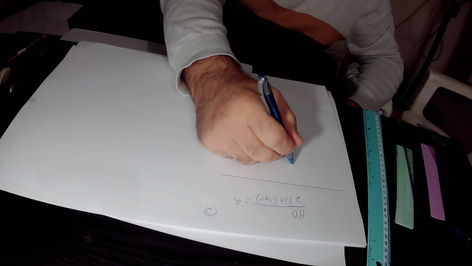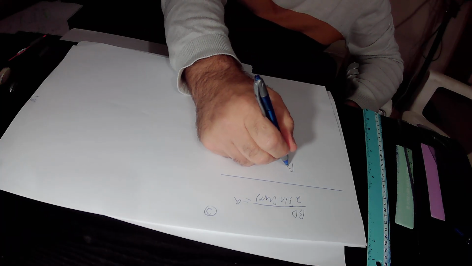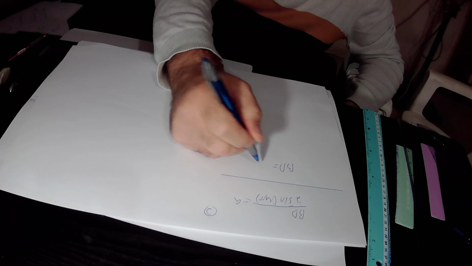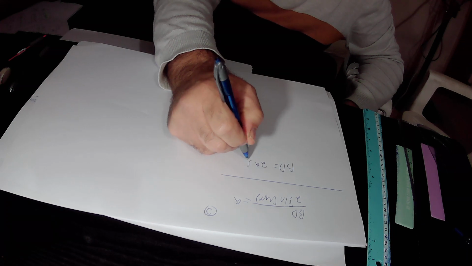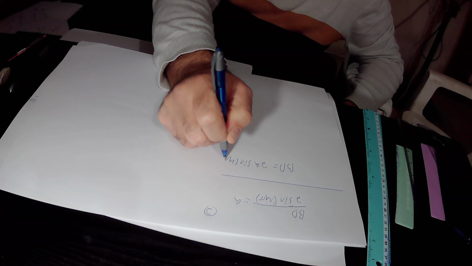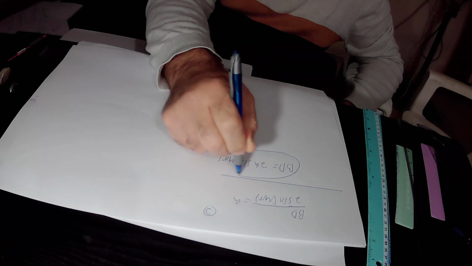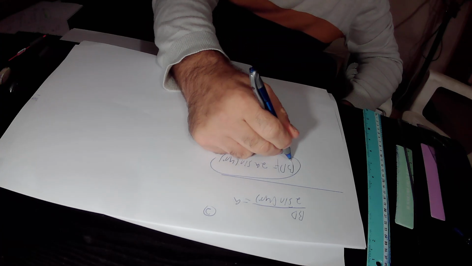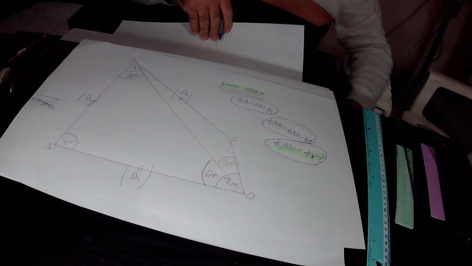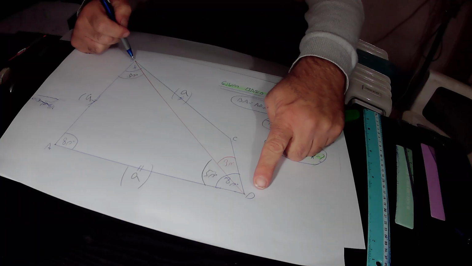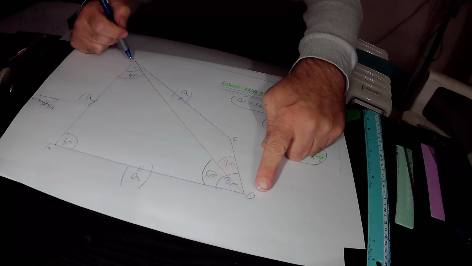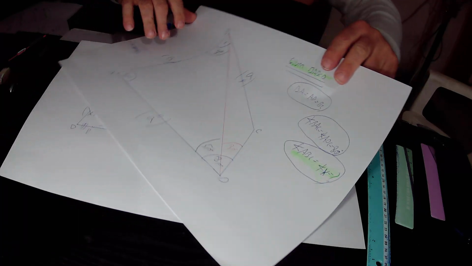And we get that the missing side BD is equal to 2A times sine 40 degrees. This is the missing side BD, equal to 2a times sine 40 degrees in its length. Write it down.